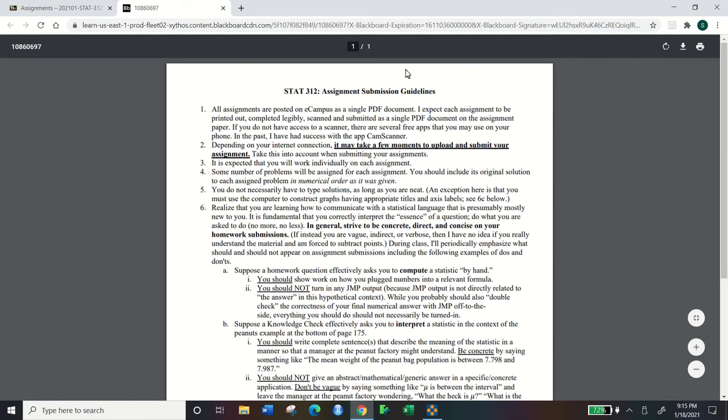I print out your assignments and grade them by hand, just like if you were turning them in to me in class. And the reason I do that is to try to give you the best feedback possible. But if you do not submit your assignment as a single document and instead upload individual files, that means I have to print out all of those individual files, and that wastes a lot of paper.